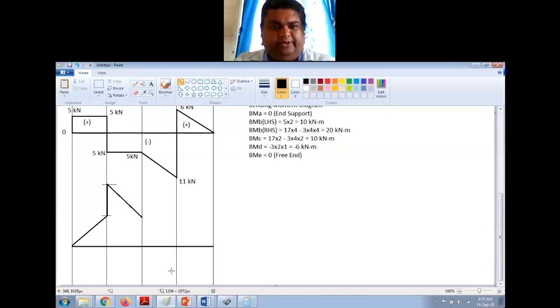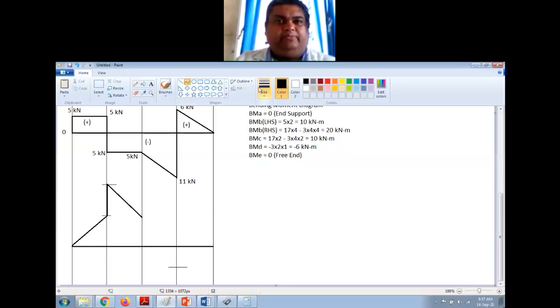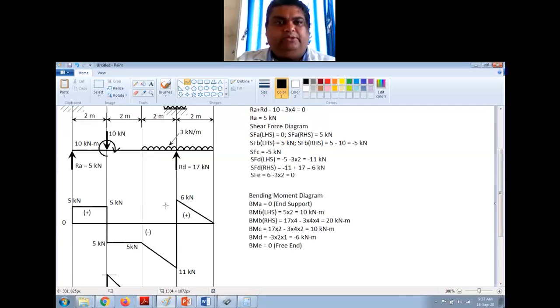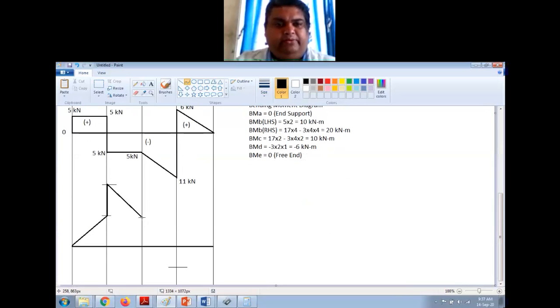So let me take this as minus 6. Now from here to here, it should be a parabolic curve, right? Because it is UDL, it will be a parabolic curve.